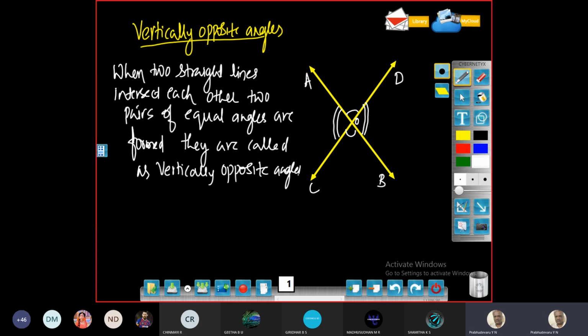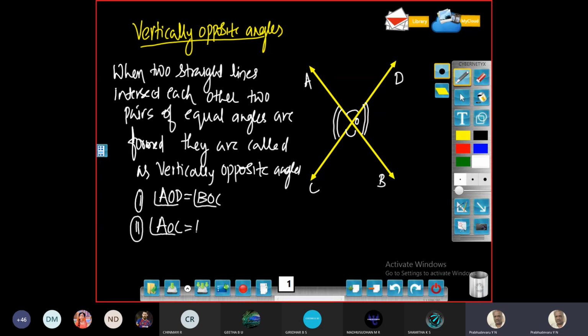So in this diagram you can note down that angle AOD is equal to angle BOC. This is one pair of angles which are equal. Another pair of angles, angle AOC, is equal to angle BOD.